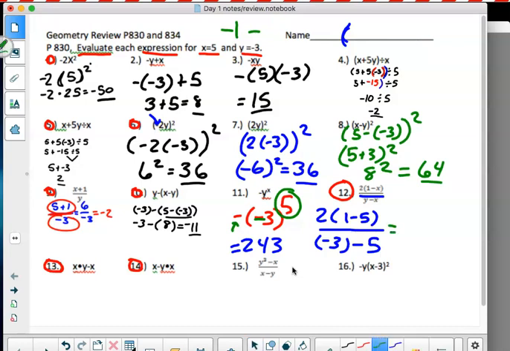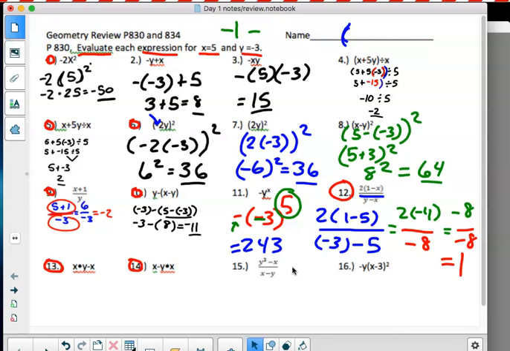My top stuff is 1 minus 5, which is -4. So I got 2 times -4. I know that's going to be -8 up top. Okay. Now, my bottom stuff, I've got -3 minus 5. Now, that's -8 in itself. So if I got -8 over -8, I get 1 for my final answer.